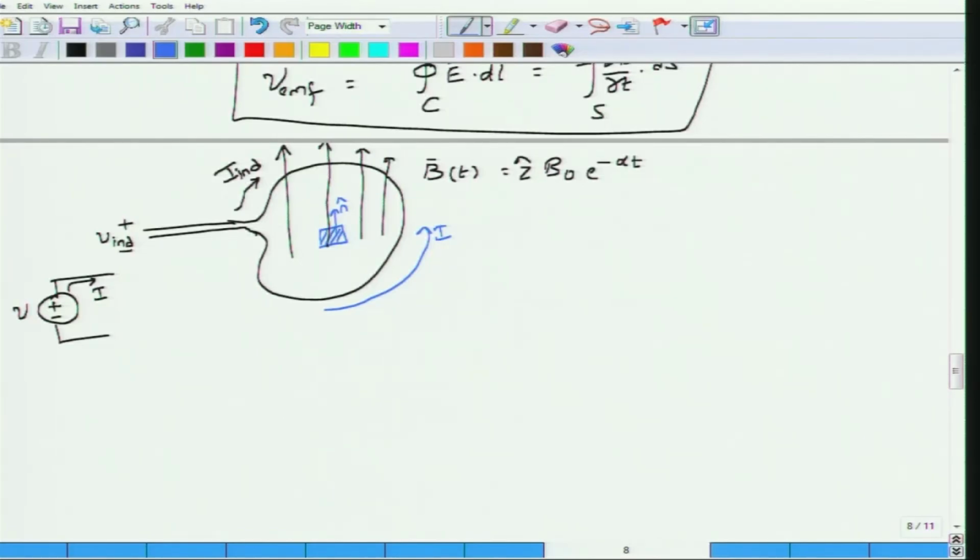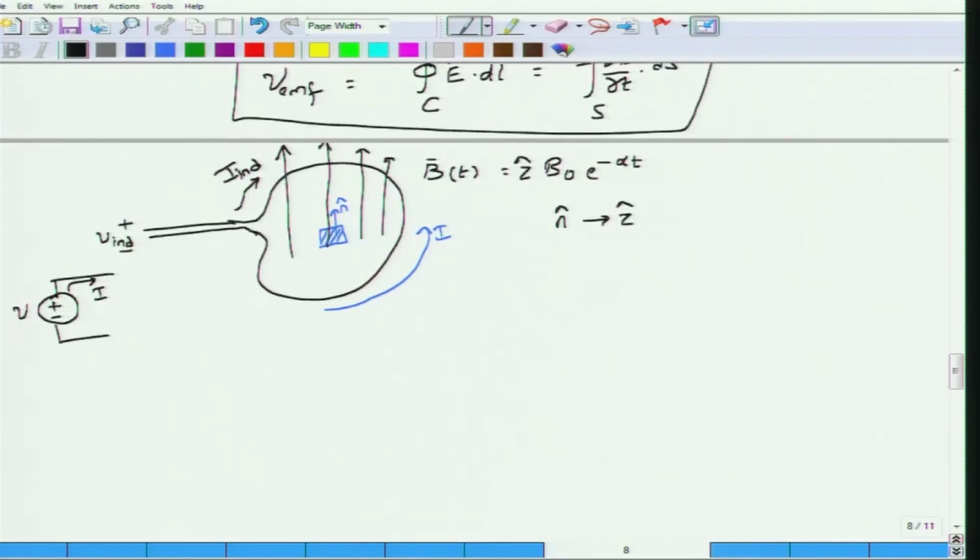This is the convention we have been following. If I have a current in the loop, then the thumb points in the B direction, and the surface area normal also points in the direction of the B field. My B field points in the direction of Z, therefore the surface normal also points in the direction of Z, and this would be the magnetic field generated if there were a current I in the loop, along the Z direction.